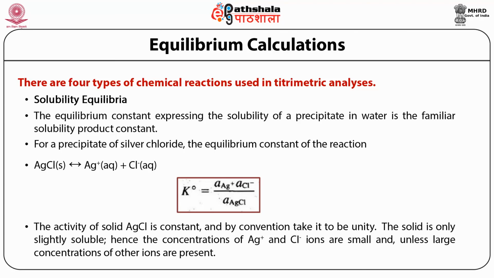The solid is only slightly soluble, hence the concentrations of silver and chloride ions are small, and unless large concentrations of other ions are present, activities can be approximated by molarities, giving the constant Ksp, called the solubility product constant.